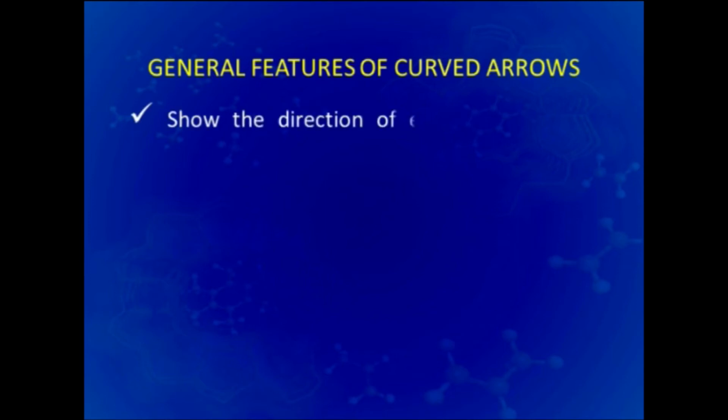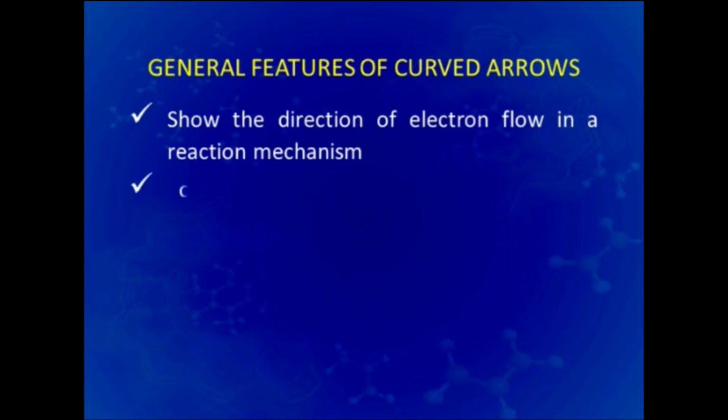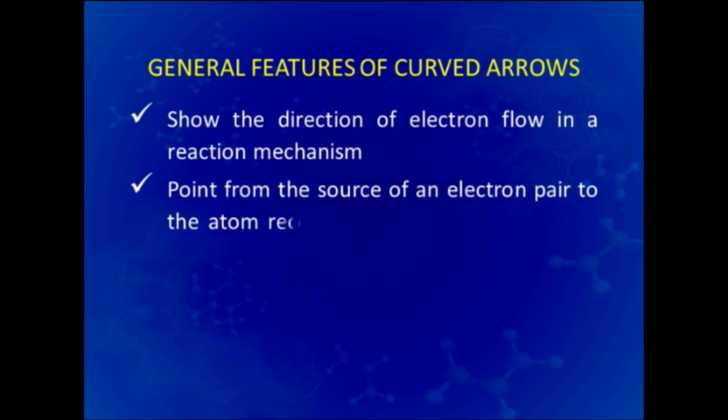There are some general features of curved arrows. They show the direction of electron flow in a reaction mechanism, and generally point from the source of an electron pair to the atom receiving the pair.